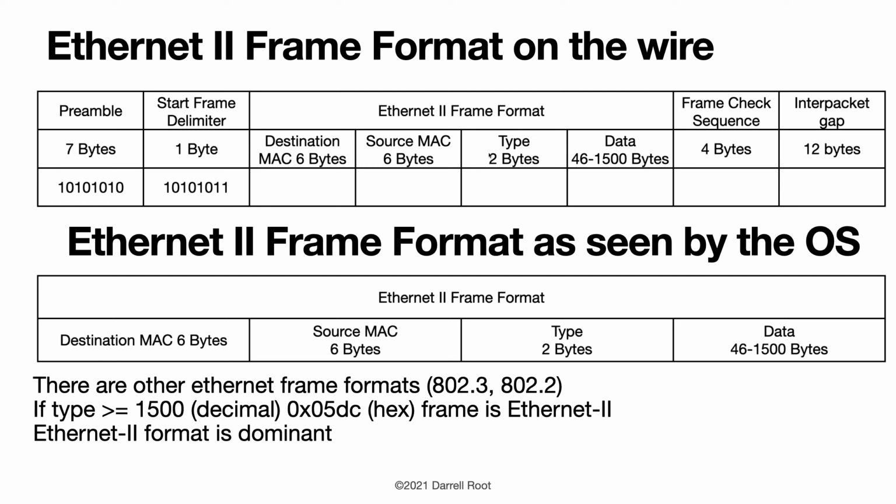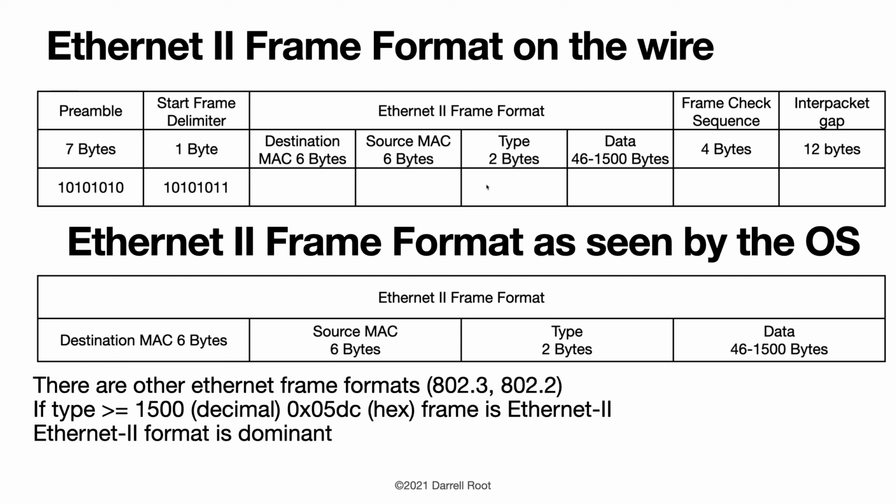The types are all programmed to be greater than 1500 in decimal. If you run into a 2-byte field header which is less than 1500 in decimal, then it is not an Ethernet 2 frame, it is one of those other frame formats.